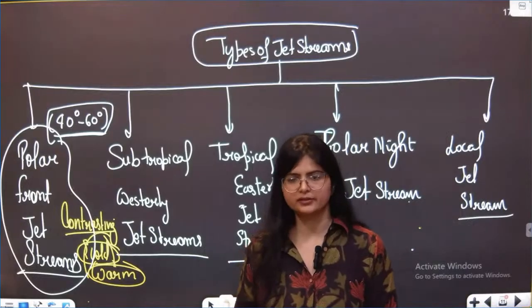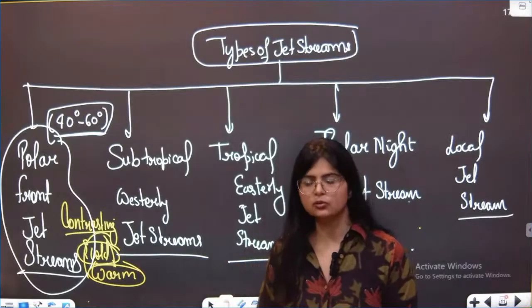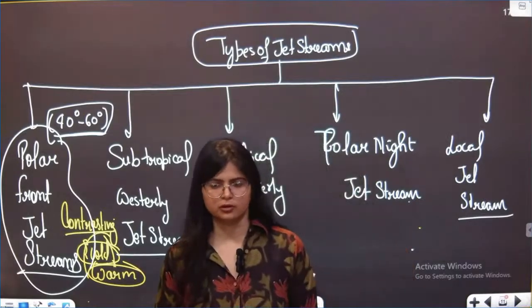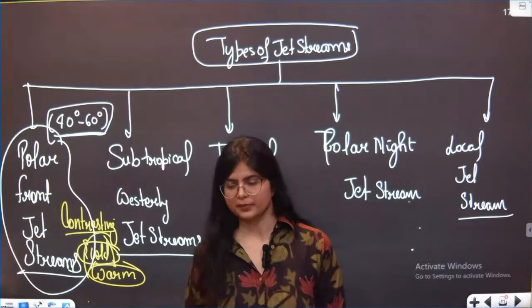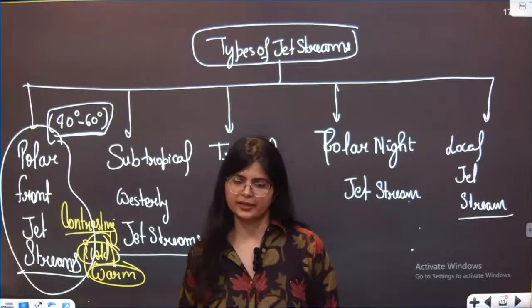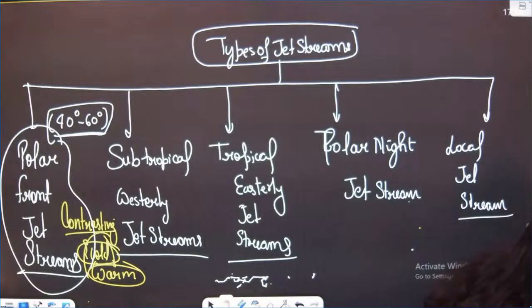If you have any doubt, just practice the questions on the basis of jet streams and also practice the mains question on this. Try to understand, bring the PYQ topics to me and let me know how much you have understood. All right? Thank you so much, class. Online students, this is for you as well. Thank you.